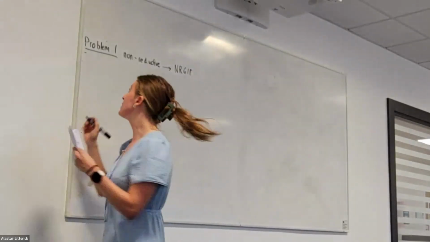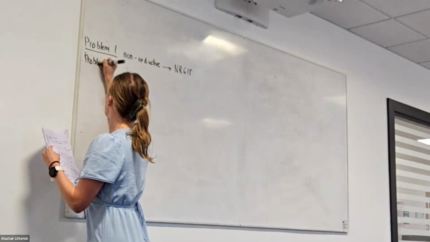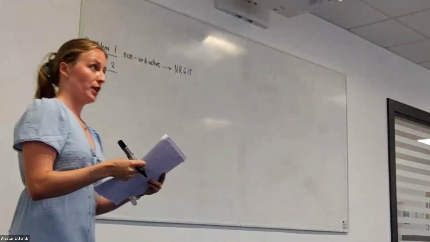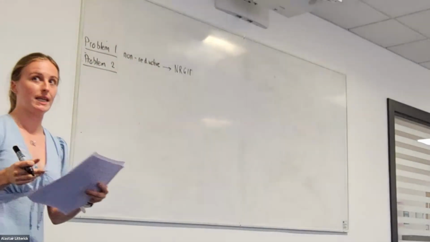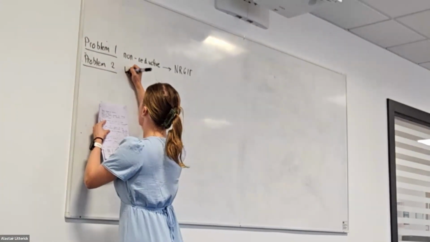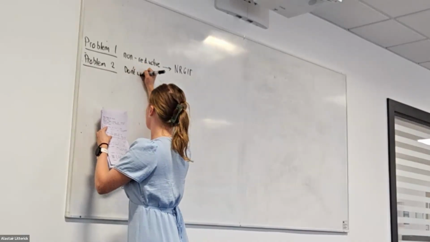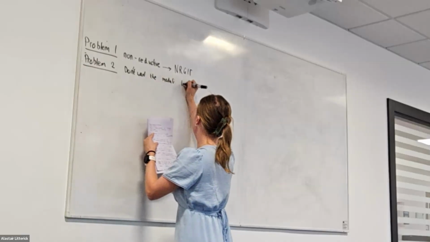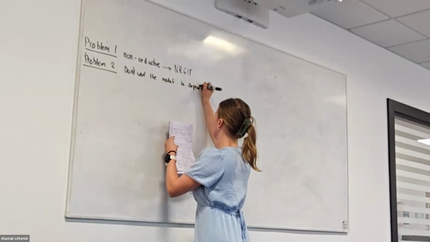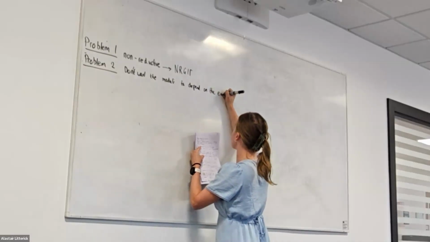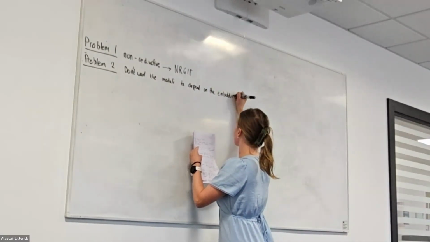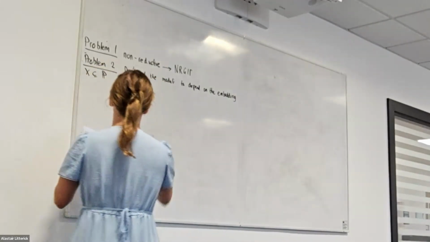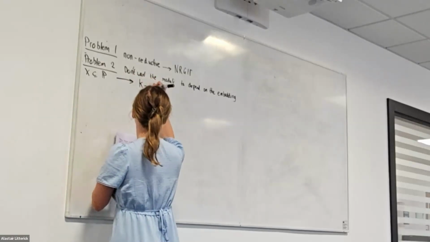And then problem 2 is that in algebraic geometry, we don't want the moduli to depend on the embedding of X in P. So our solution to that is K-moduli.